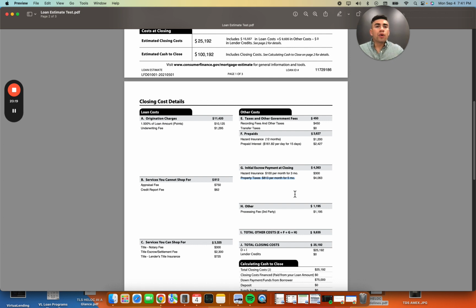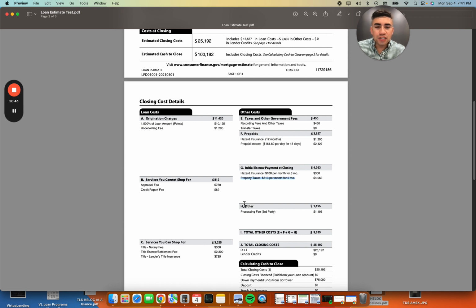That way, when property taxes come due in November, they want to make sure that you're going to have at least 6 months of property taxes in your escrow account to pay for that installment, right? Each installment is going to be 6 months worth of property taxes. So they want to make sure that you have enough money to pay for that when it comes due. That's what that is. Okay, so that is section G.